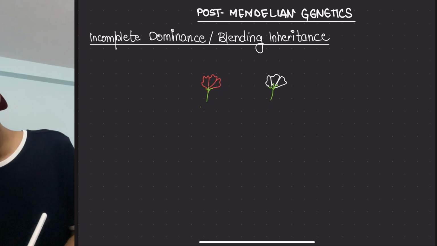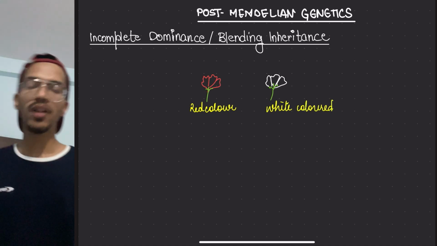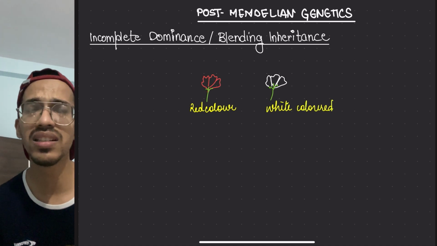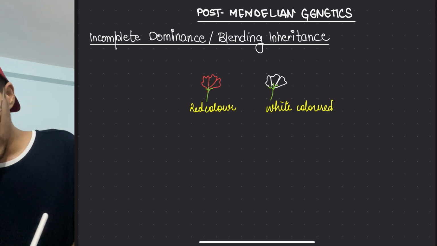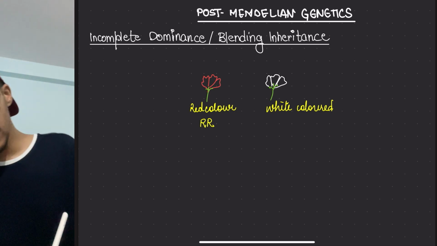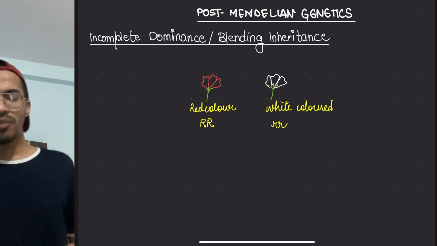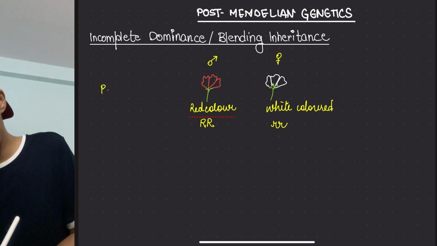So we have a red color and a white colored. Now we say that red color is the dominant one, so it will be shown with a capital R. We take only a pure homozygous plant. And this is small r. So this is one parent, this is the second parent. These are your parents.